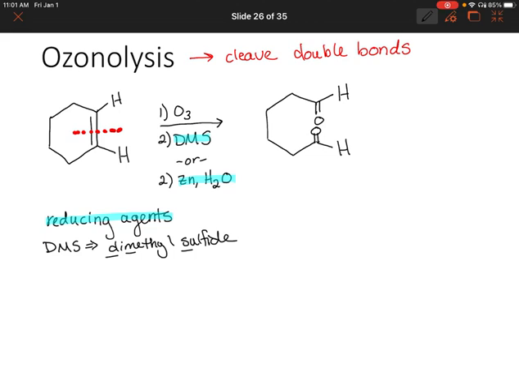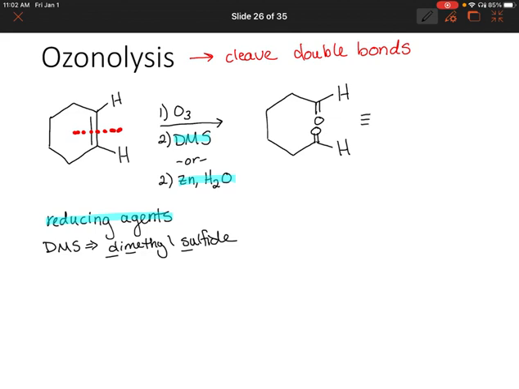All right, so we cut our double bond in half and we added an oxygen to each of those halves. So now we actually have two aldehyde groups. And we can redraw this as well.